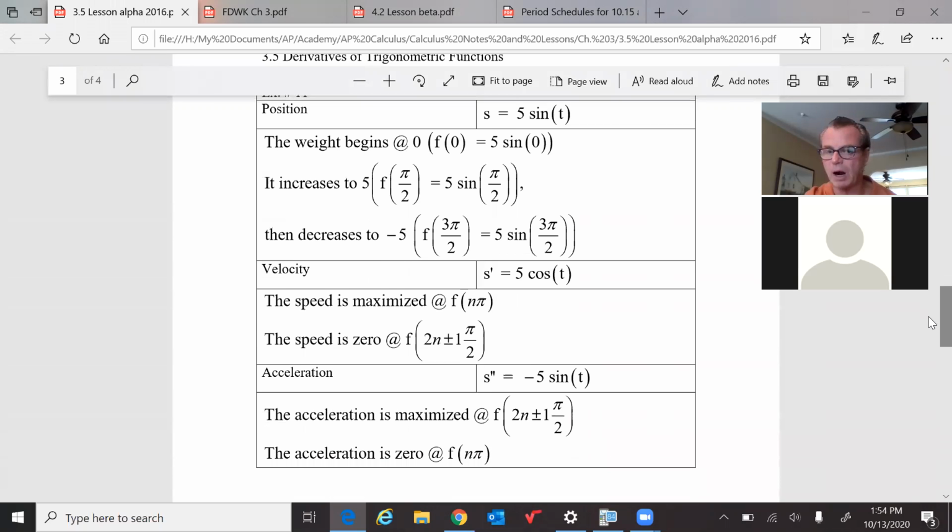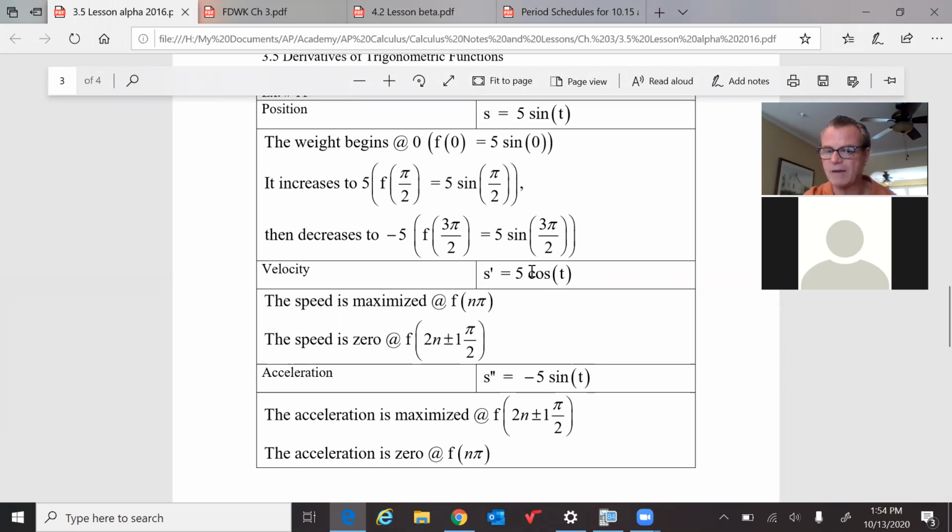The weight begins at 0. Put 0 in the sine function, you get a 0. The height it reaches is 5. Well, at time pi over 2, the sine would be 1. 5 times that, it gets up to 5. At 3 pi over 2, 5 times negative 1 goes to negative 5.